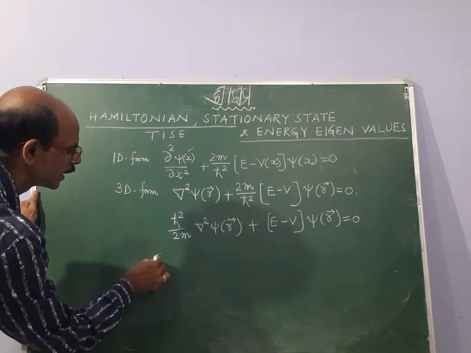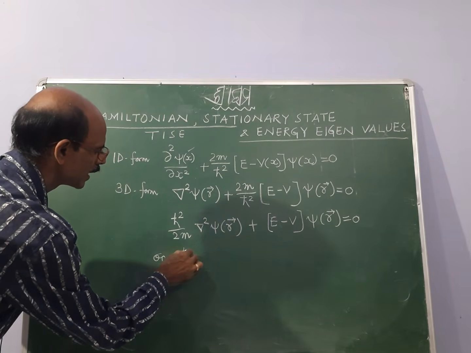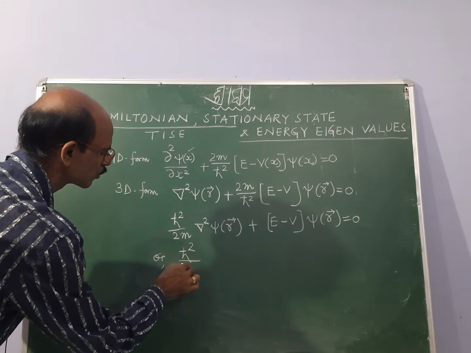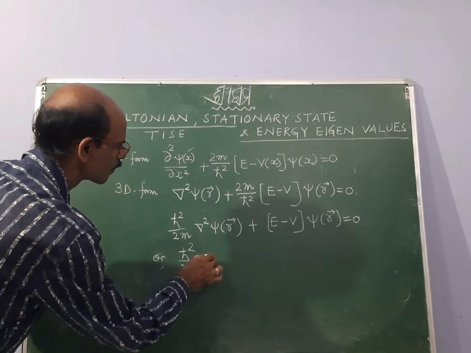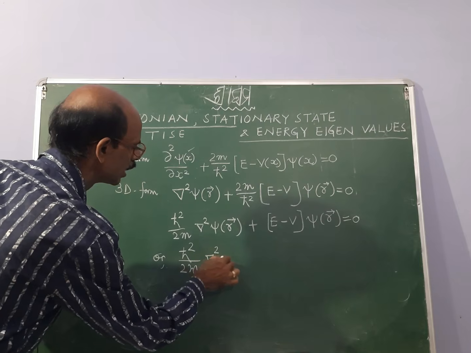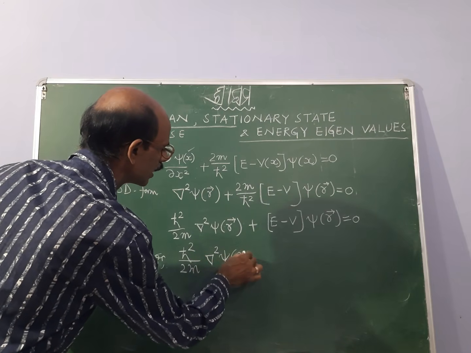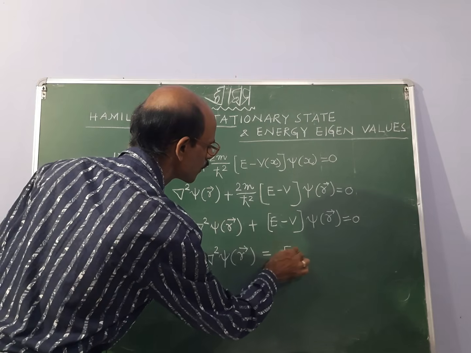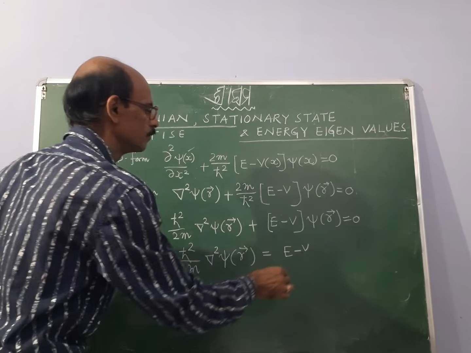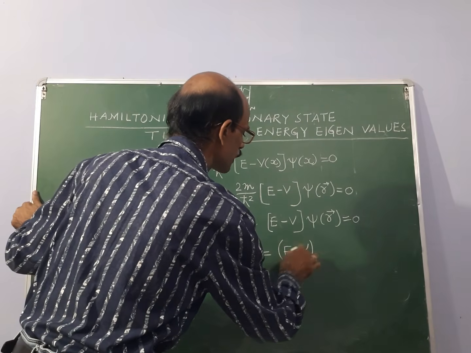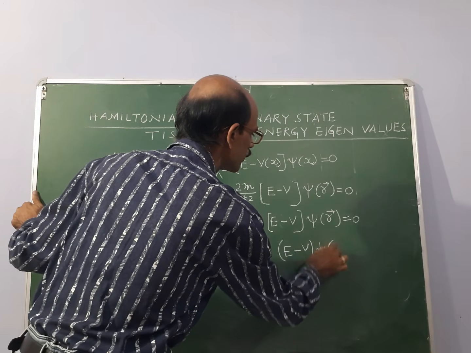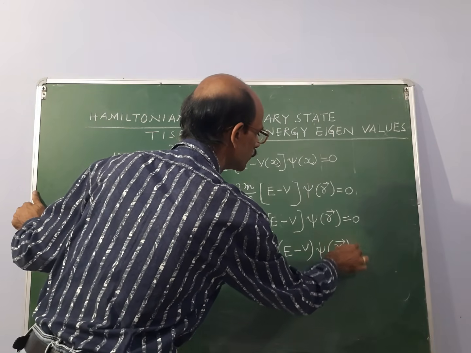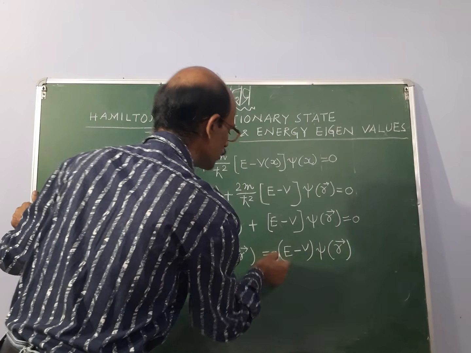Or it can also be written as h cut square by 2m grad square psi(r) is equal to (E minus V) psi(r), with a minus sign here.